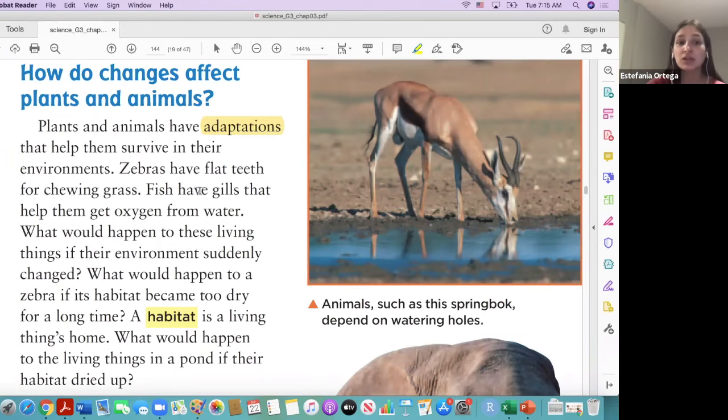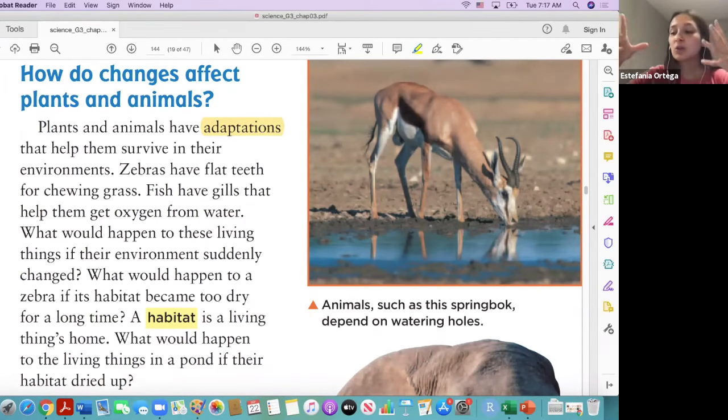Also, fish have gills, so that's their adaptation, right? They have gills so they can breathe in the water. With your hands, you do a lot of things. You pick up things, you open, you close, so you use your hands a lot, right? So imagine not having any nails. You would hit yourself and cut yourself so much because of how thin your skin is and how much you're touching and doing things.